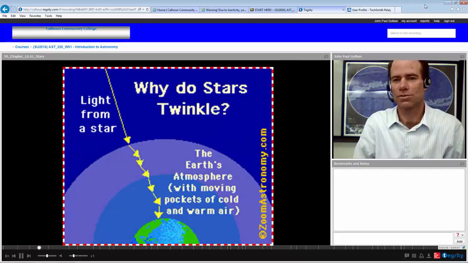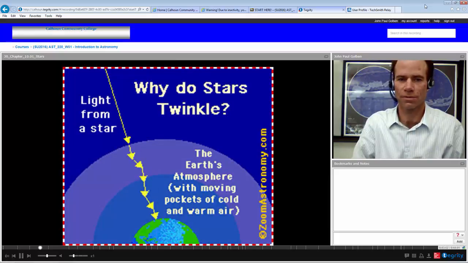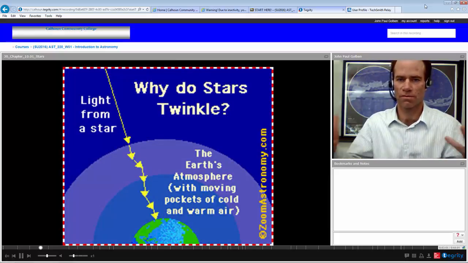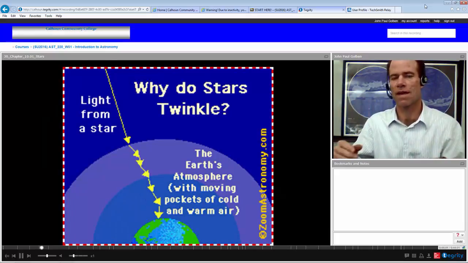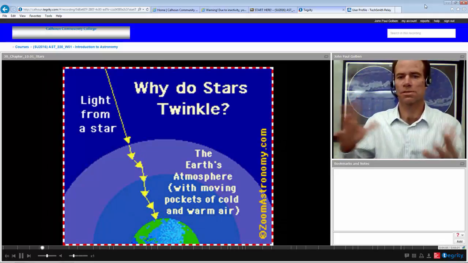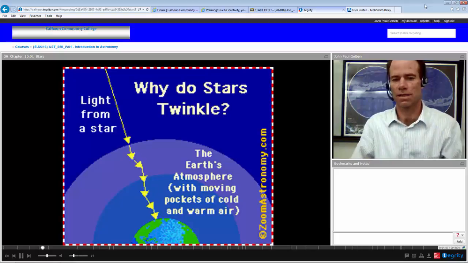Why do stars twinkle? This is not an effect of the star itself or the light coming from the star, but it's more of a local effect. It is the effect of the atmosphere affecting the light of that star, the atmosphere having variances in temperature, and these temperatures will refract the light a little bit differently, causing it to refract back and forth, giving it that twinkling appearance.